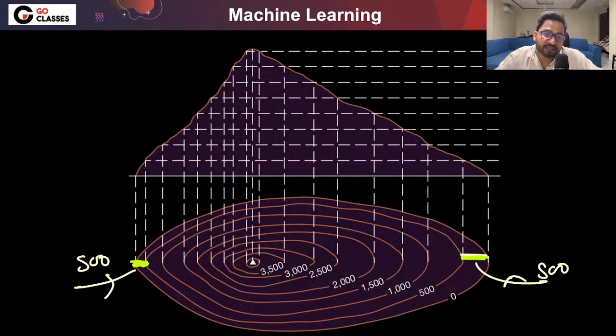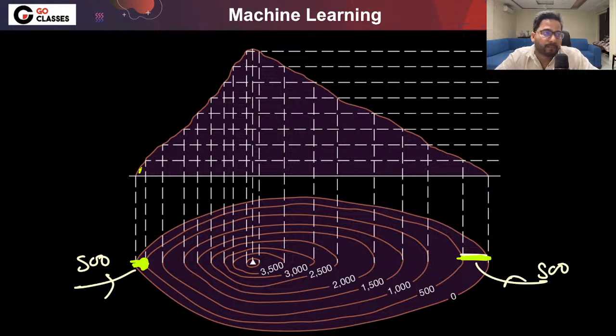Here it is not as steep as compared to here. Just by looking at the contours, you can say that at this point the slope is steep, that much inclined. Here it is very inclined, very much steep.